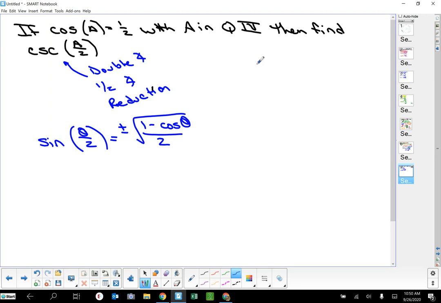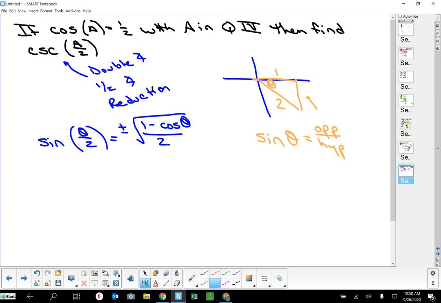So what we're going to do is draw our angle in quadrant 4. Here's my angle, here's my triangle. We know cosine is a half, so 1, 2. We need to know this side here. And we especially need to know that if we want sine of theta, we need opposite over hypotenuse, right? So we need to know opposite.